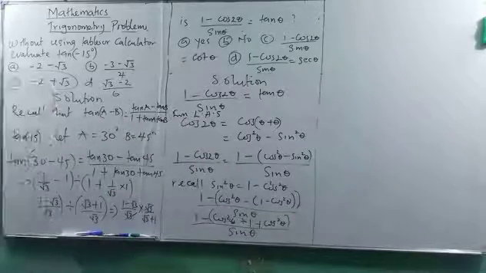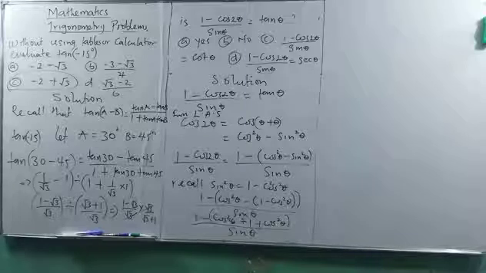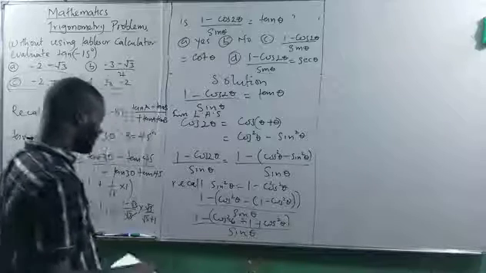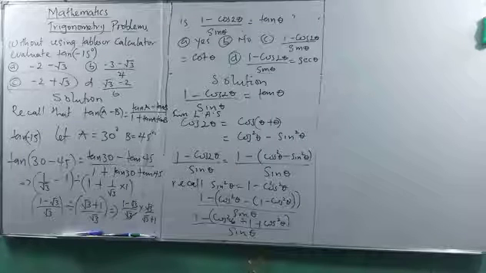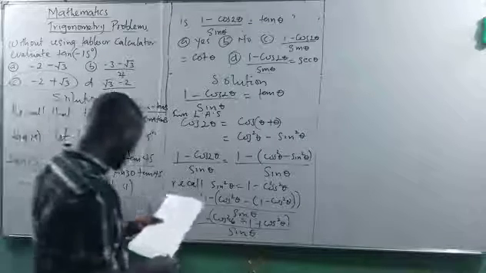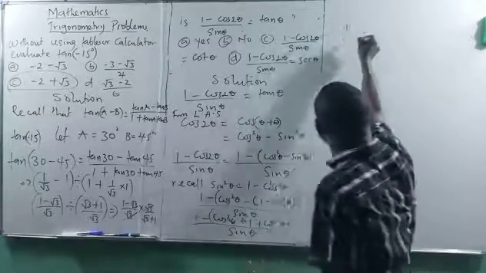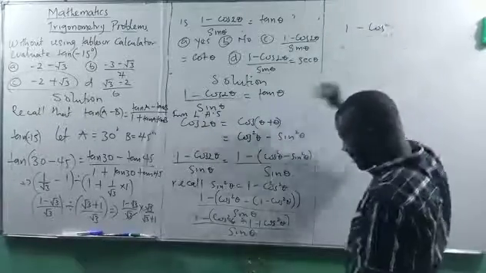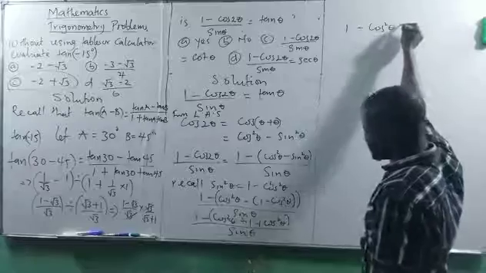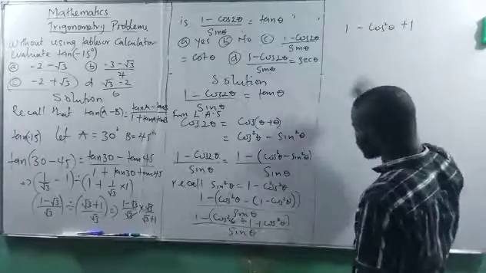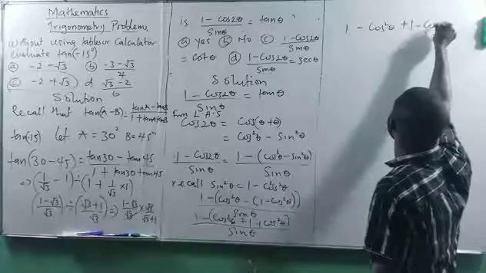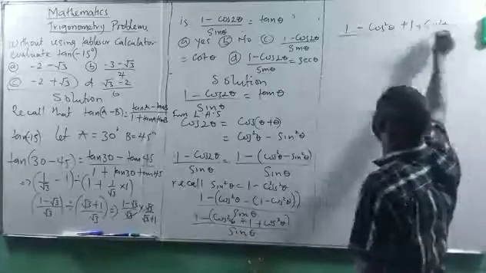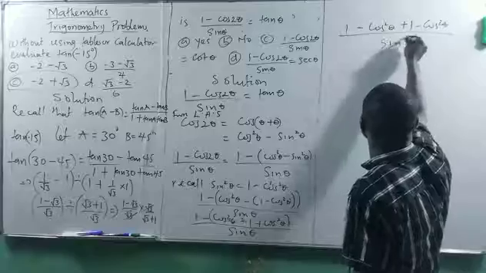Now at this junction, can I open this bracket again? If I open this bracket, hope I'm not making any mistake. No. If I open this bracket, I'll be having 1 minus cos square theta, plus 1 because of this bracket, and minus cos square theta, divided by sine square theta.